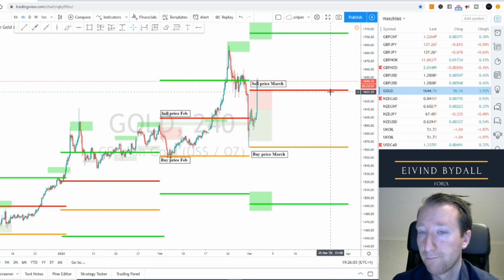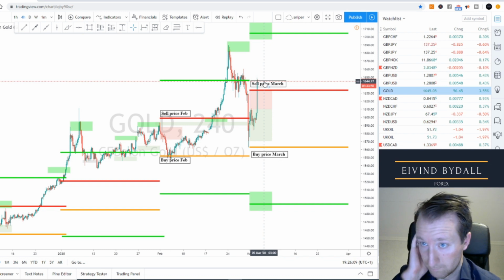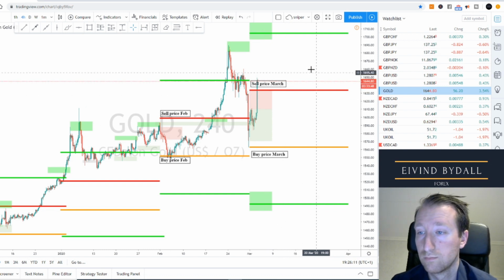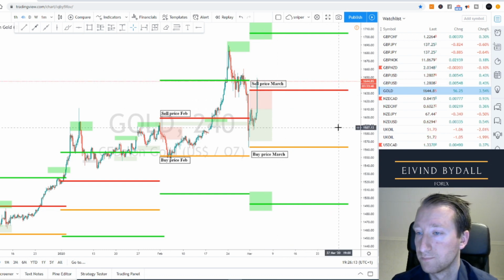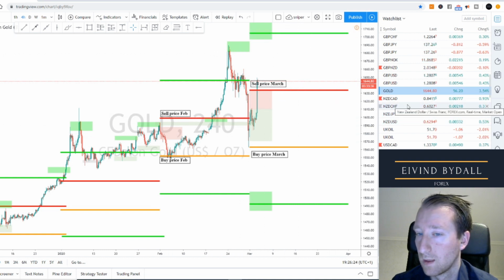So yeah, could top up here. Target for buyers is 1700. So yeah, get at it. Sellers should be out or stop loss out, and then buyers can take it up again to 1700.